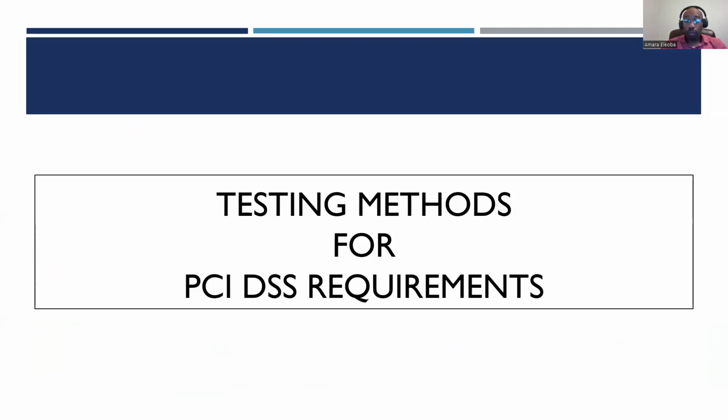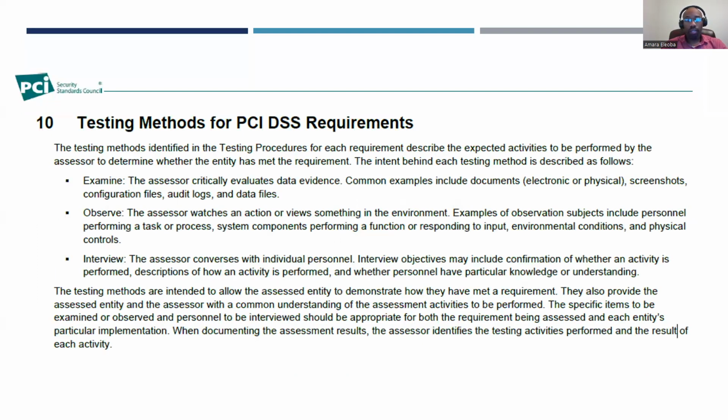So for PCI DSS, these are the testing methods that we have: examine, observe, and interview. Within the examine section, the assessor, which can be either you, if you are an internal security assessor or performing an internal audit, or the QSA, which is the third party coming to perform an assessment for a level one merchant.